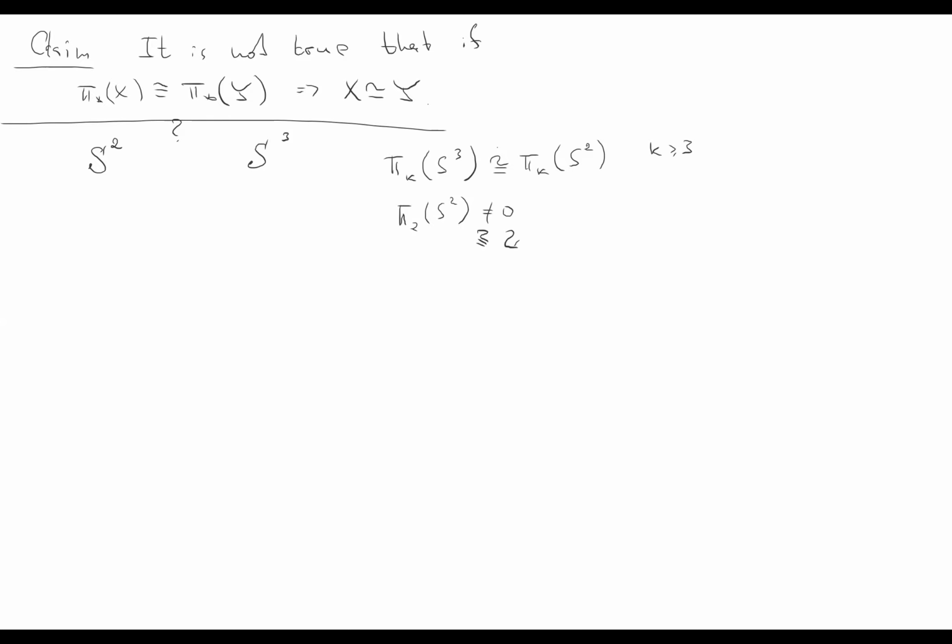So do you know any space with, okay, we can start from an easier question. Do you know any space with exactly one non-trivial homotopy group? Like CP infinity? Maybe?